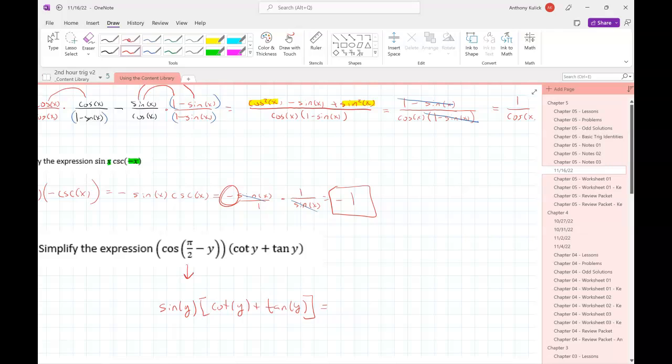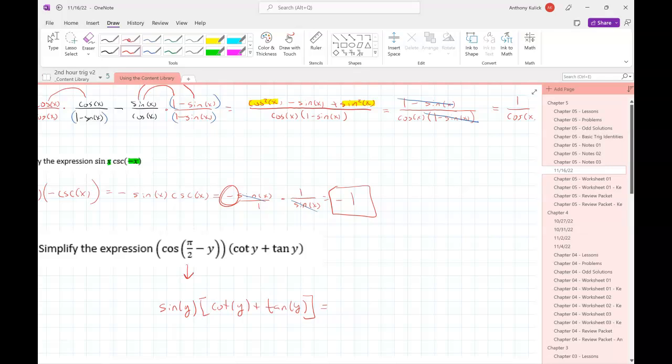Any obvious identity that you guys see to use? When the answer to that question is kind of no, like the Pythagoreans are all out because there's no squared things in here, the only thing you really have to work with are the reciprocal and quotient identities.